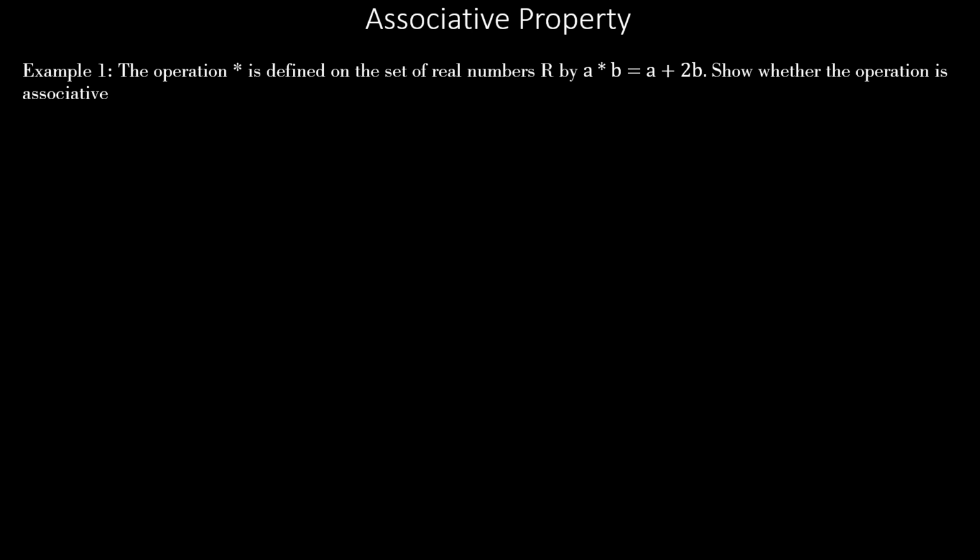So you have to look at (A * B) * C when that is equal to A * (B * C). Let's split these two operations by writing this (A * B) * C here and putting the other one A * (B * C) over here.